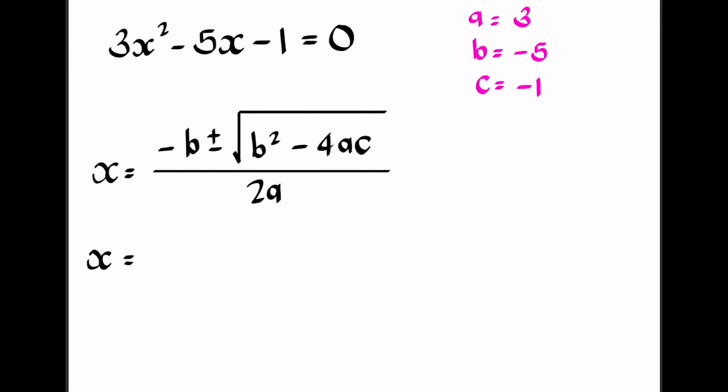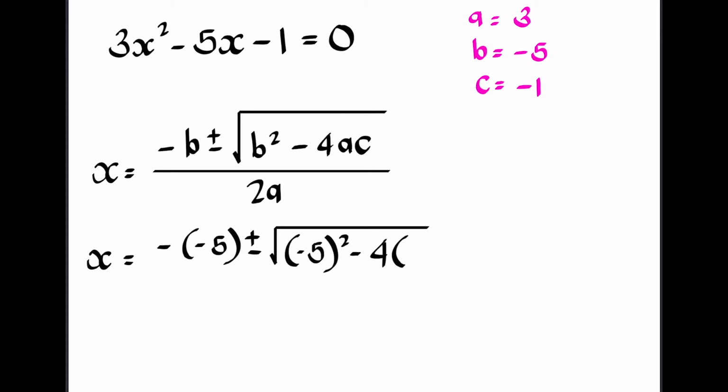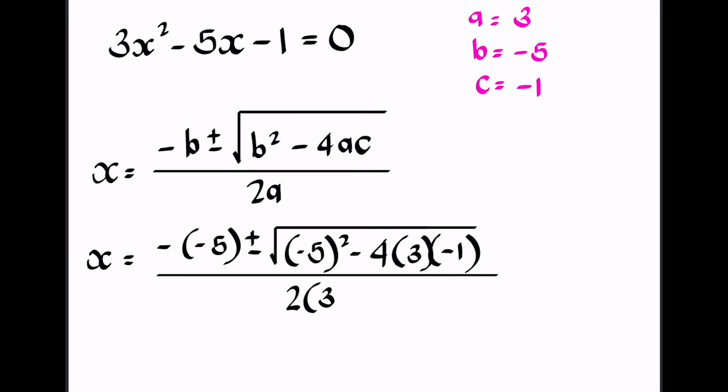So x is equal to negative, b is negative 5, plus minus the square root of b squared. So I have negative 5 squared minus 4 times a is 3, times c, which is negative 1. And that is all over 2 times a is 3.